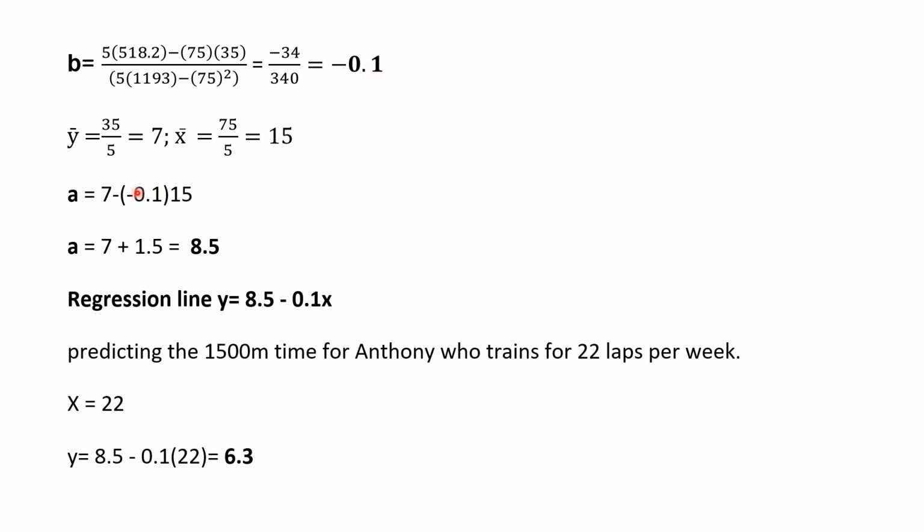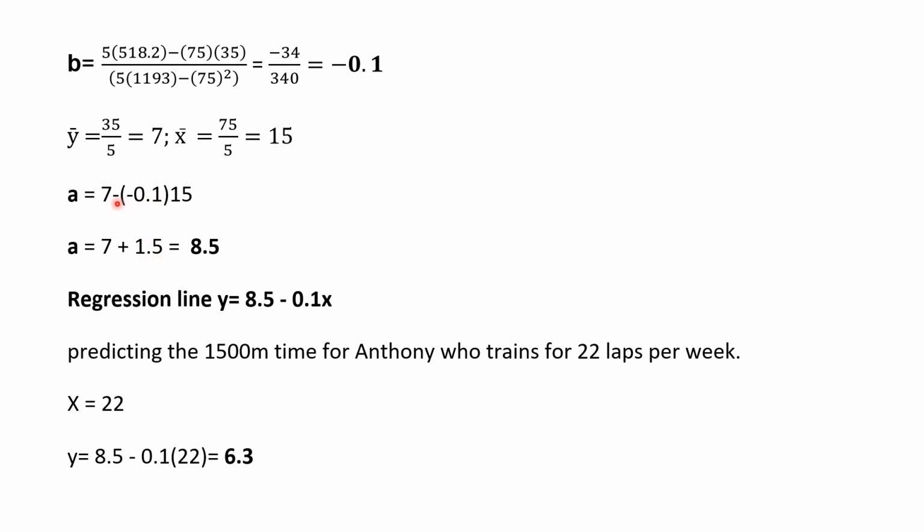If it was a positive, I could just put the number there. But because it's a negative, I need to be very careful, and that's why I placed it in a bracket. Multiplied by 15, which is our x bar, our mean. This is in the formula. Now, you have to be careful here because we are dealing with the negative sign. 15 multiplied by negative 0.1 will give you 1.5.